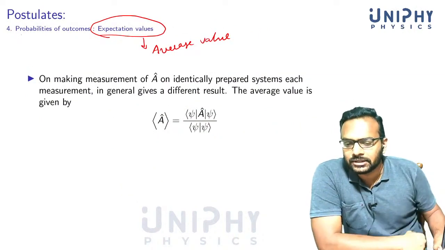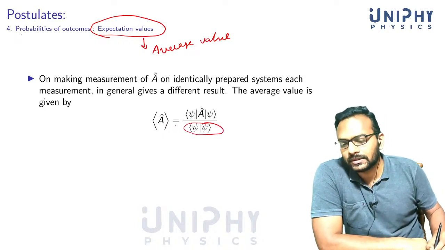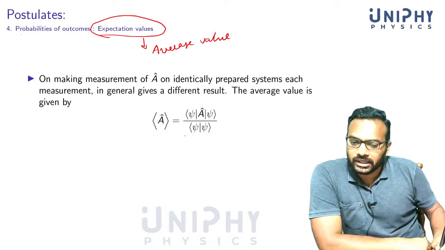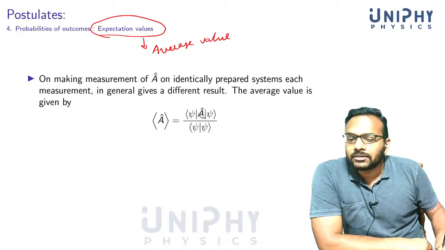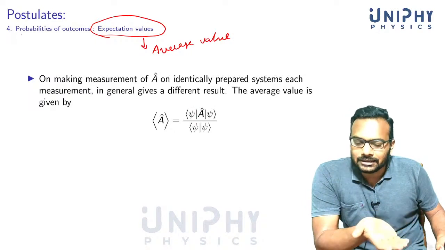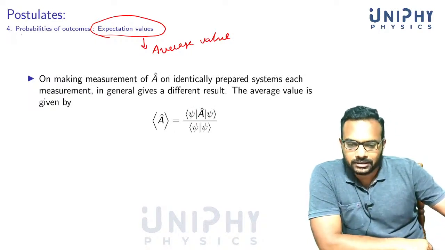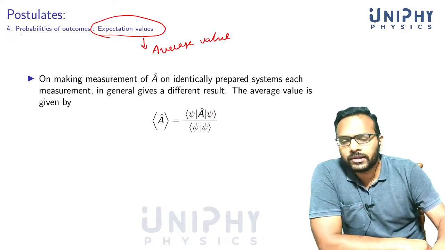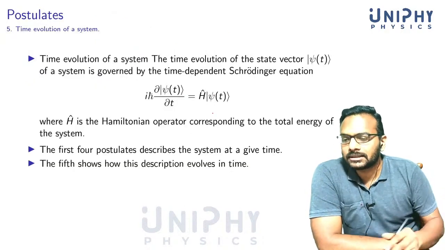If the state is normalized, of course, this is 1. If the state is not normalized, you also have this factor. So the expectation value is given by bra psi A psi divided by psi bracket psi. This is the average value. We actually saw this in the previous class.